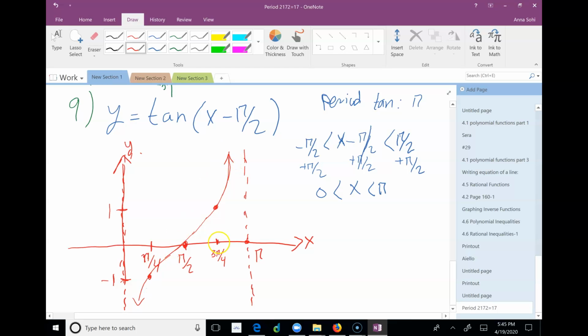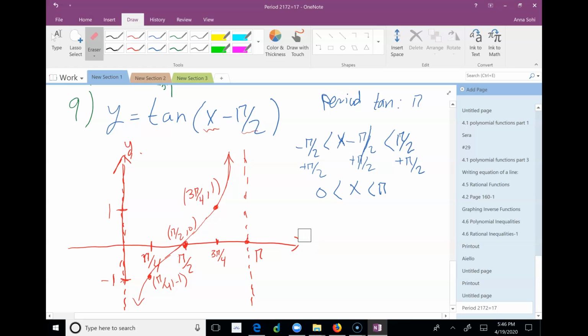You can always plug in a point like 3 pi over 4 into the equation. 3 pi over 4 minus pi over 2 is pi over 4. Tan of pi over 4 is 1, and that's confirming. When x is 3 pi over 4, the outcome is 1. When x is pi over 2, y is 0. When x is pi over 4, y is negative 1.